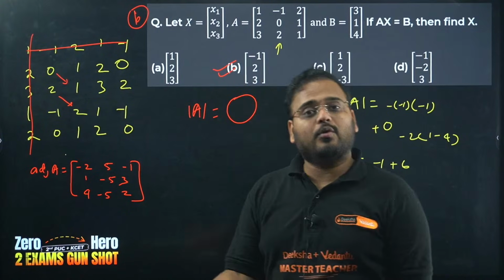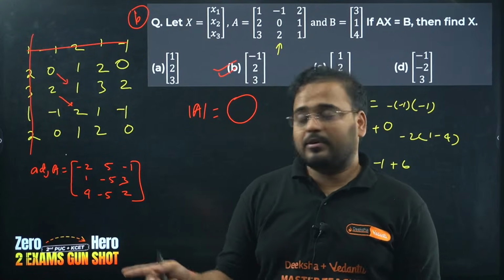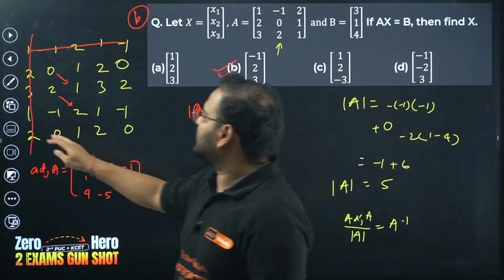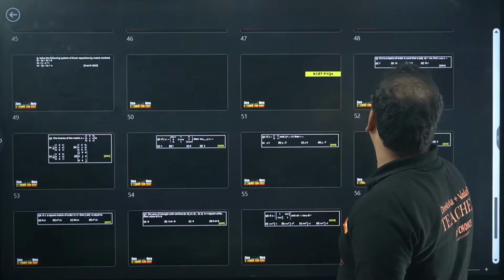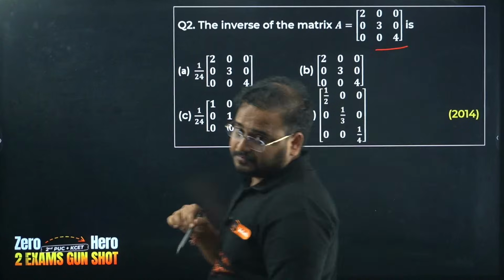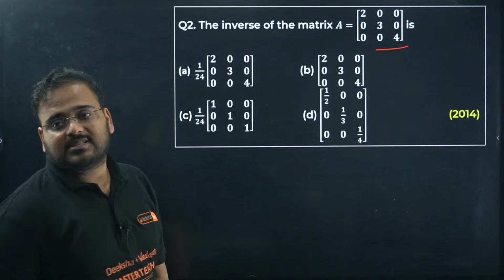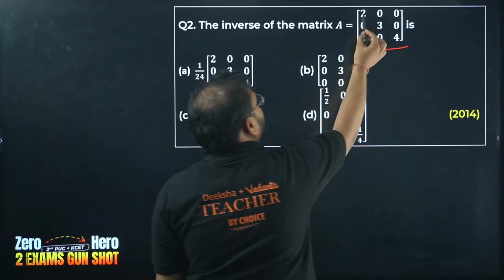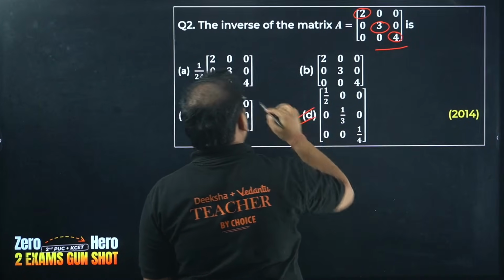Determinant 0, sometimes, or some properties for straightforward questions. Here's a PYQ of KCET. This is a diagonal matrix, so the inverse is simply the reciprocal of the diagonal. So the answer is directly option D.